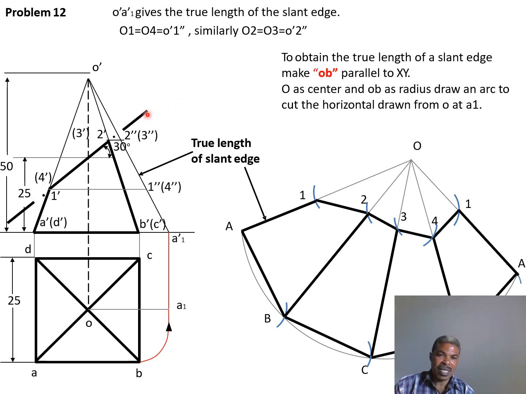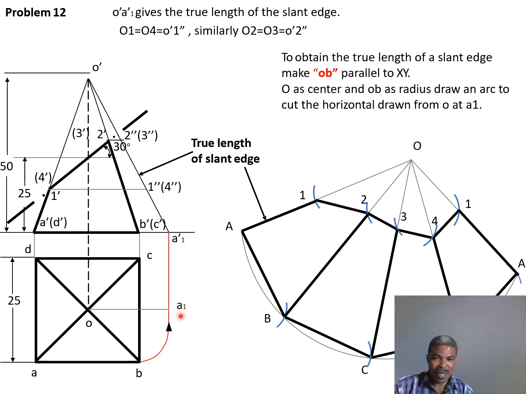After you have obtained this line of truncation, the very important thing to note is to draw a line which is parallel to one side of our horizontal until it touches at A1.